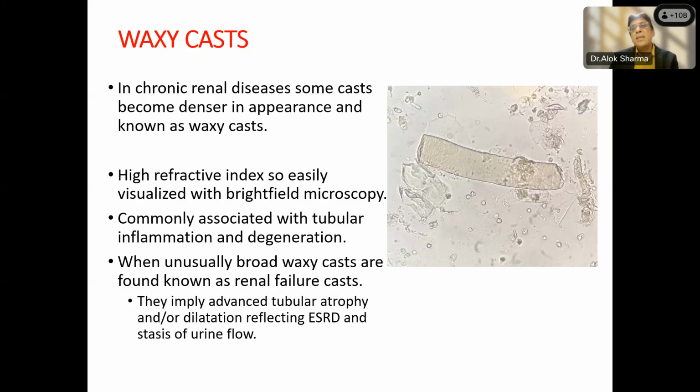What it implies is basically advanced tubular atrophy and or dilatation, of course depending on what state the kidney is in, and a large number of these casts basically denotes a lot of chronicity in the kidney. That's the reason they are called renal failure casts, because they are seen in patients with irreversible renal failure.